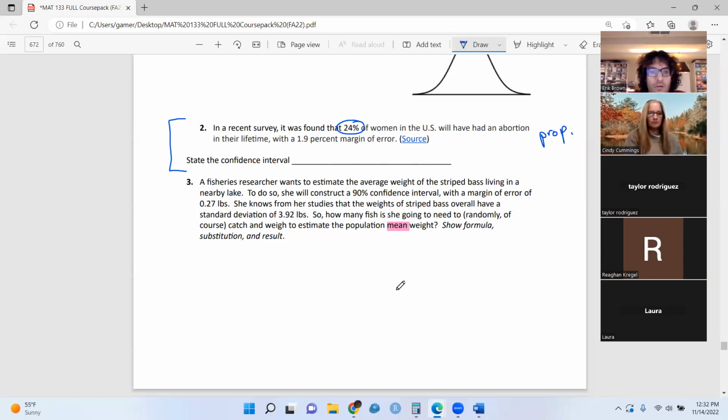Isn't it just 24%? What does a confidence interval look like? Like, what's the answer? It's in parentheses. It's like the lower limit and the upper limit. Okay, so the 24% has something to do with that. In fact, let's pause and ask ourselves, where is the p hat in every single confidence interval?